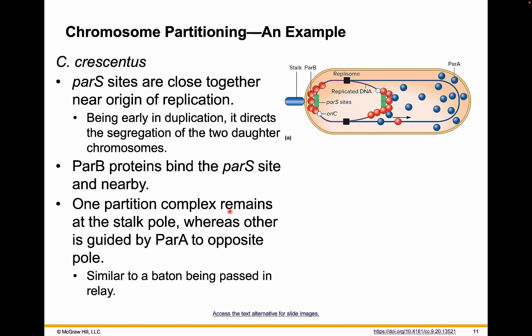This is studied very well in Caulobacter crescentus, a very interesting bacterium. The mature bacterium is sessile with a stalk at one of the poles. When the bacterium divides, a flagellum develops at the pole opposite the stalk, and these cells are called swarmers, and they swim away.